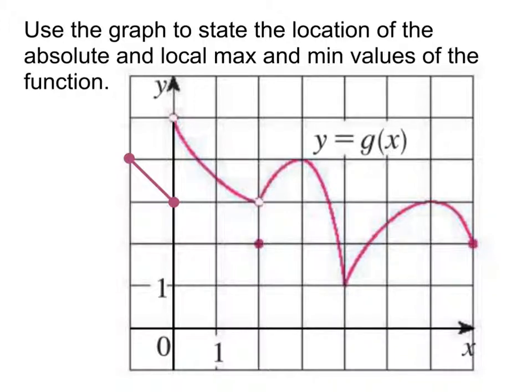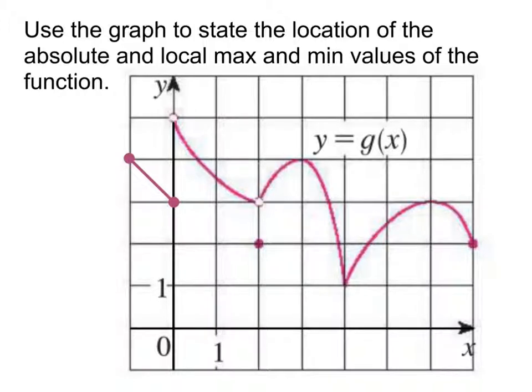It has to be absolute. Is that the absolute maximum? No. Is it the absolute minimum? No. So that one's nothing. What about here at 0? It's an endpoint again, so it can't be local. Is it the absolute minimum? No, and certainly not the absolute maximum, so that's nothing as well.